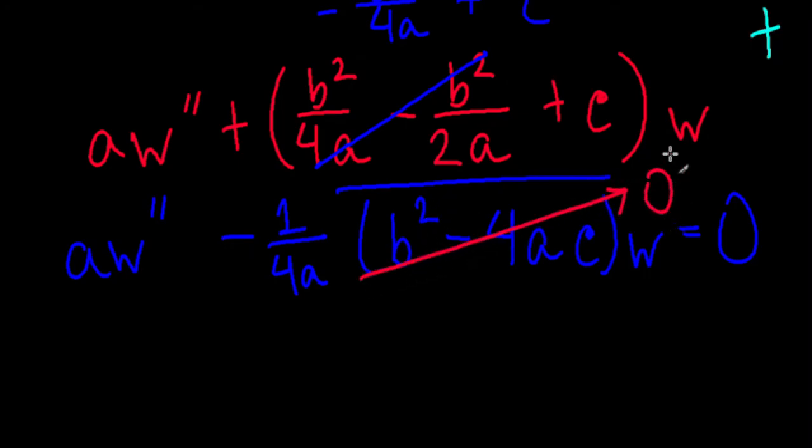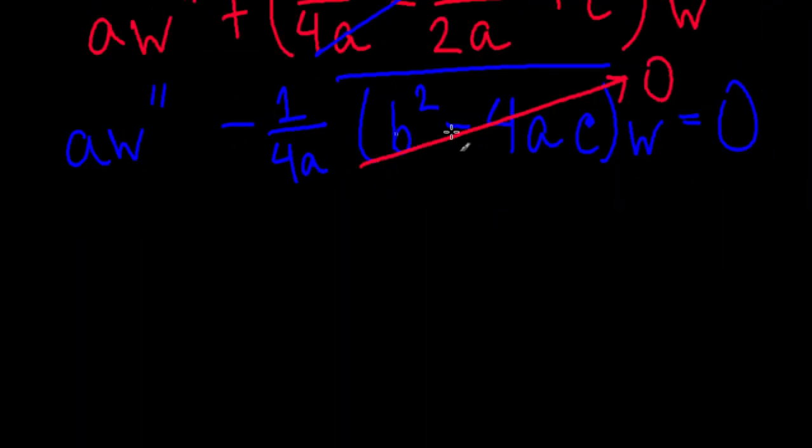We already said that this has repeated roots. Okay, so our determinant is 0. This expression completely cancels out. All that we have left is a w double prime is equal to 0. And we can divide by a.